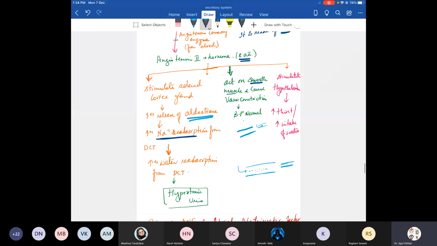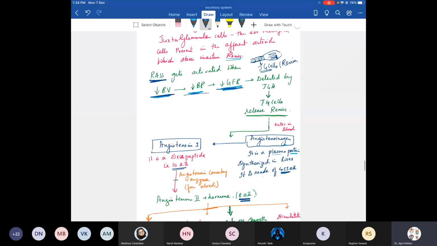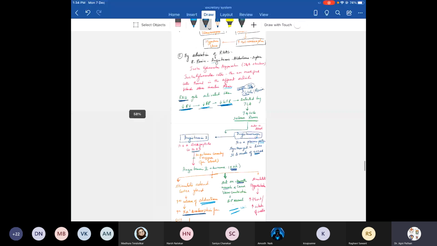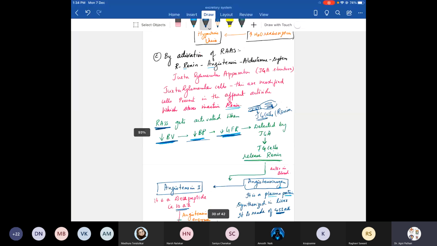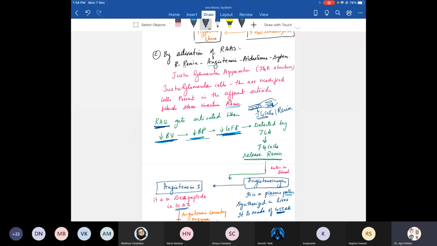See, you can do one thing, write down. If you have doubts, I'll explain again. First understand, and then write. The third way is by activation of RAS. Very, very important. Write down this much. Come on, quickly.